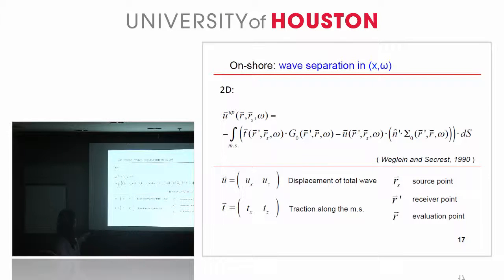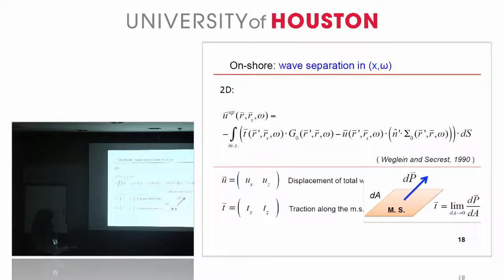And let's look inside of this integral formula. Here U, as we saw, is the displacement of your total wave. It contains x and z components. And T here is the traction along the environment surface, and it's a force vector that contains x and z components. Use the environment surface as an example. We assume this is the environment surface. So the traction is actually the internal force acting on the environment surface per unit area.